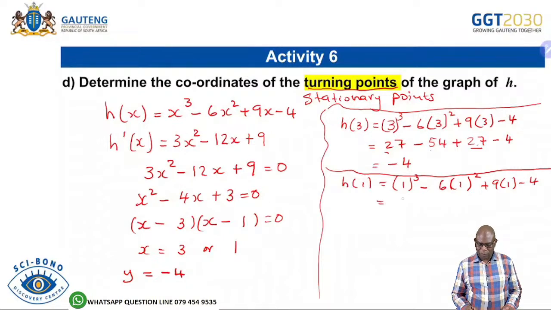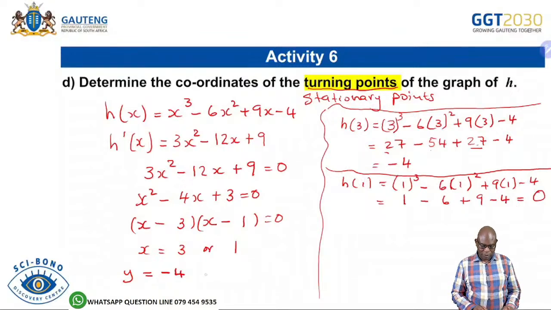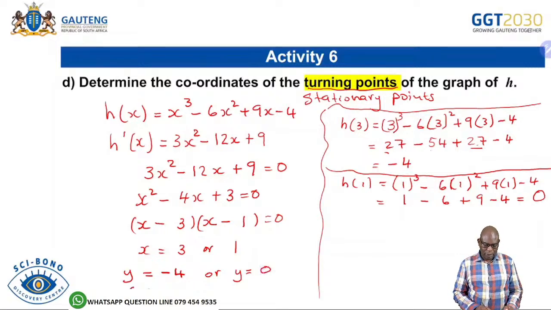So I'll have 1 minus 6 plus 9 minus 4, and this answer will give me 0, because 1 plus 9 is 10, minus 6 minus 4 gives 0. So y will be equal to 0. So my stationary points will be 3 and negative 4, and the other one will be 1 and 0.